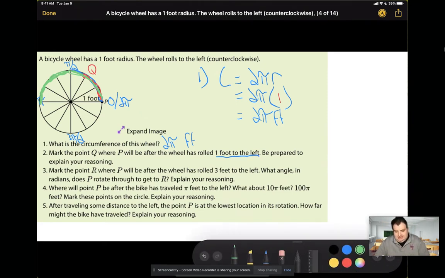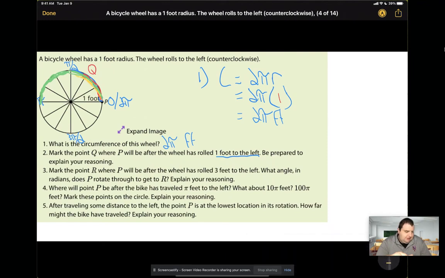So let me get yet again a different color. 3 feet is going to be just short of that, so we'll say that's about right here, and we're going to label that point R. So that arc that's in yellow would be 3 feet. It's just short of pi feet, which is 3.14.